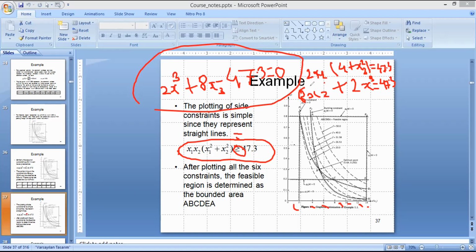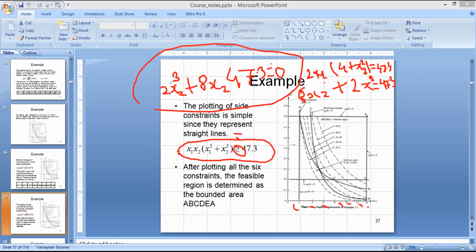It is 8x2, not 3, it is 8x2 because there is no x3. But I am not able to write it properly. Let me try to write. Here there is only one variable, that is x2. We have replaced x1 with 2.